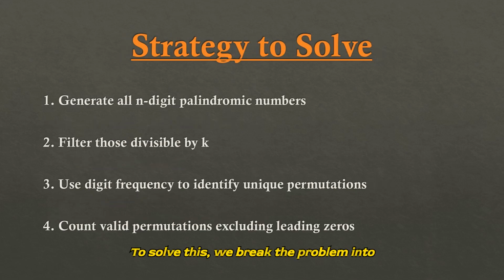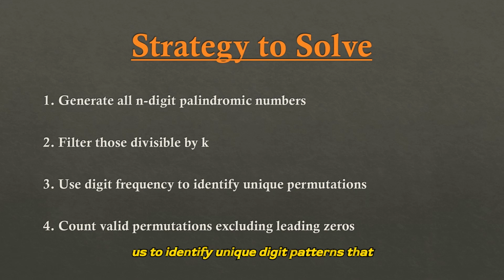To solve this, we break the problem into four logical steps. Step 1. Generate all palindromic numbers with exactly n digits. We ensure they begin with non-zero digits so they are truly n-digit numbers. Step 2. For each palindrome, check if it is divisible by k. If not, we discard it. In the third step, for every palindrome that passes the divisibility test, we store a sorted version of its digits.